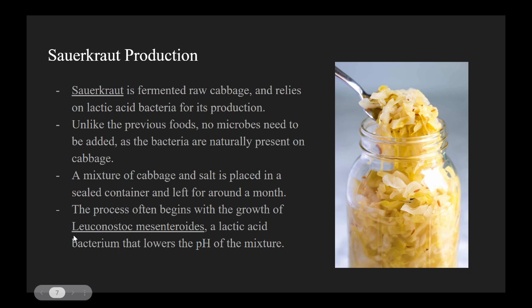Leuconostoc mesenteroides is usually the first bacterium that predominates in the earlier stages of fermentation over the course of a month. These are lactic acid bacteria that produce lactic acid and slowly lower the pH of the mixture. Once the pH is lowered sufficiently, these guys actually die off because it gets a little too acidic for their survival.